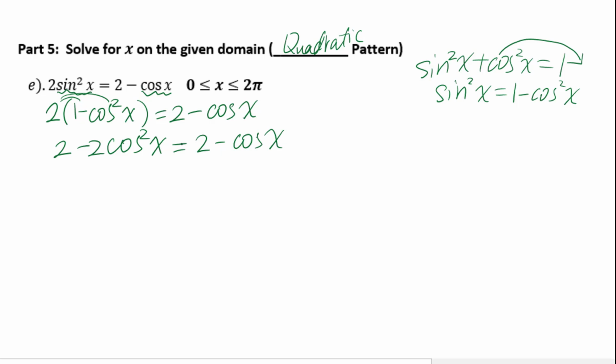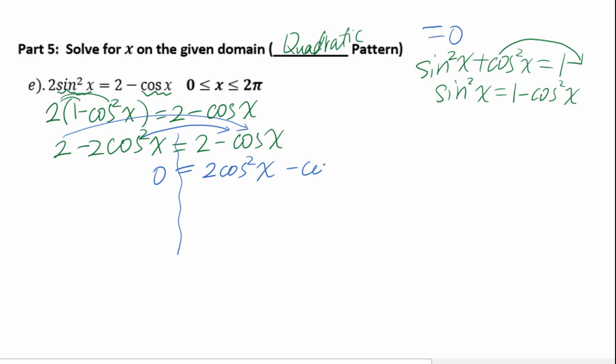Since this is a quadratic pattern, we need to move everything to one side so that we can get equal to 0 form. We will move everything to the right side because we want to make a leading coefficient is a positive. When I move -2 cosine square x from left side to the right side, I will get +2 cosine square x.